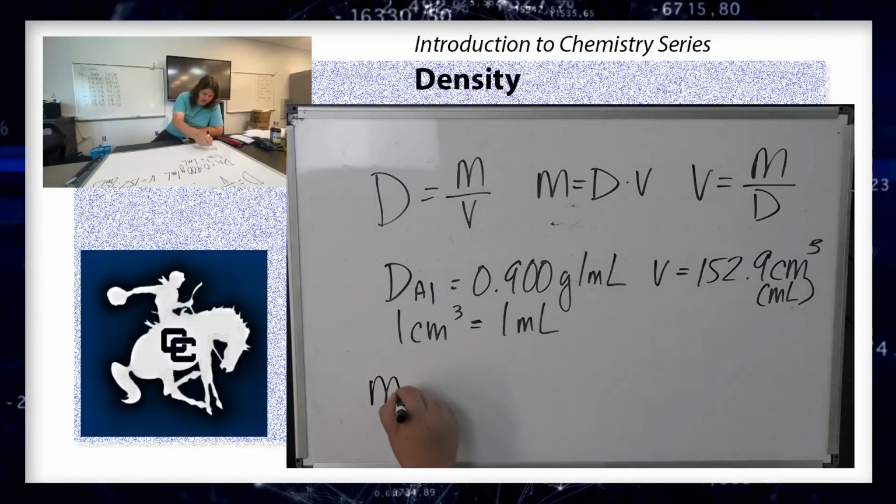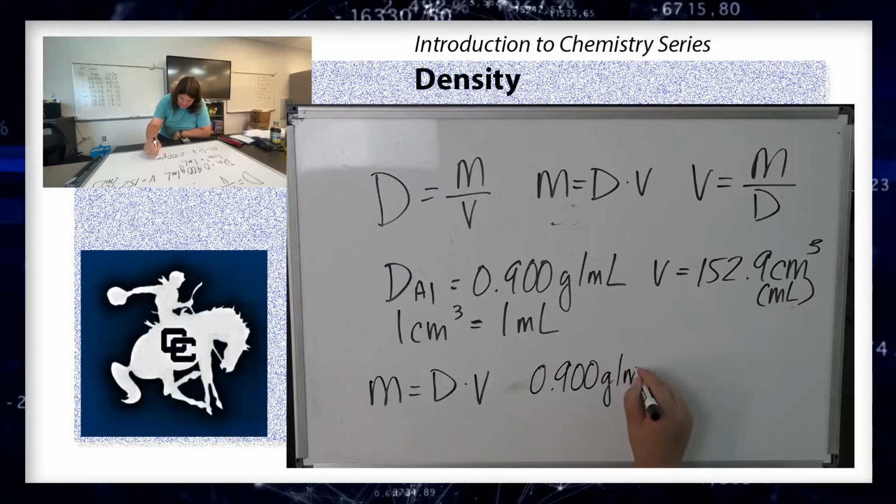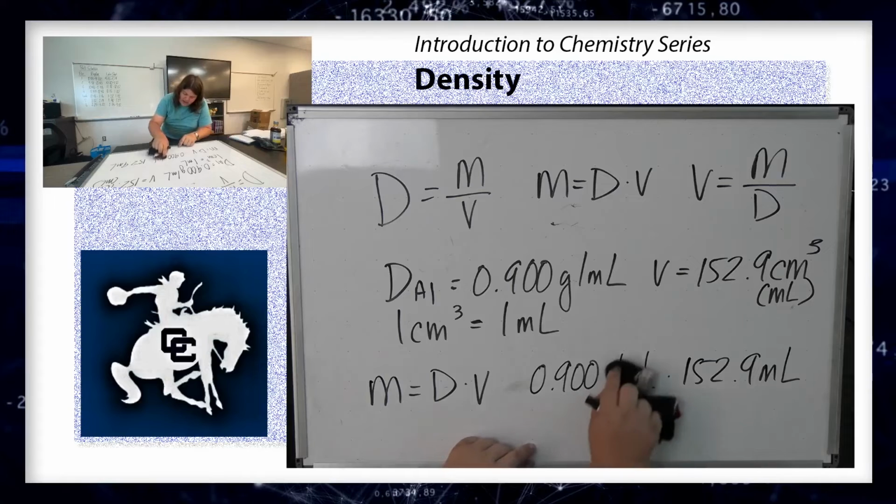Using our equation here, we have mass is density times volume. Plugging in density, I get 0.900 grams per milliliter times our volume, which is 152.9 milliliters. We now get into the first example of units cancelization. It's easier to see if I write it this way, grams over milliliters.